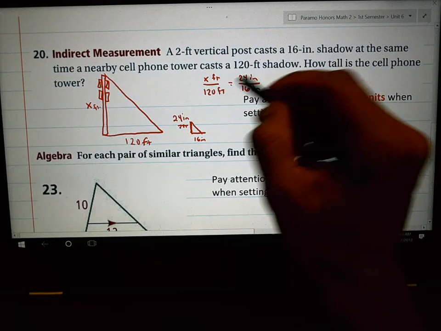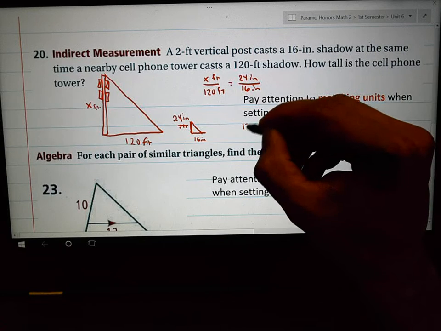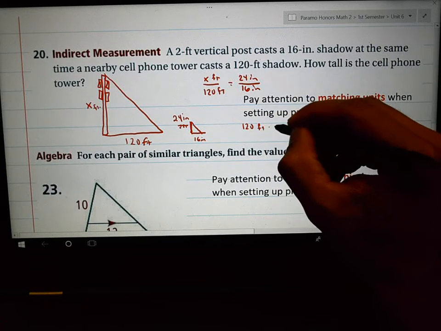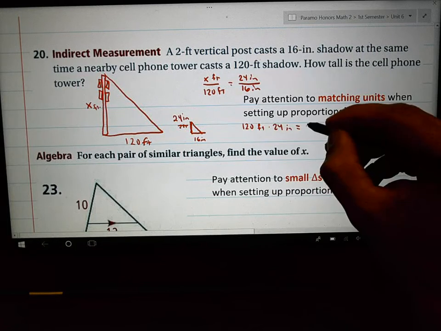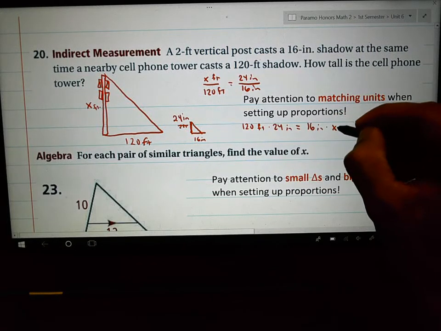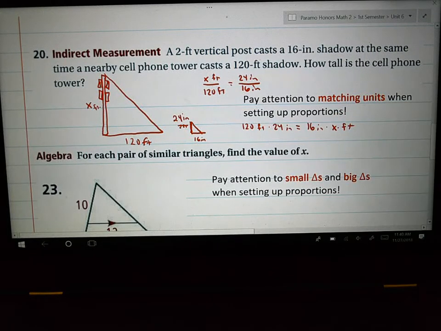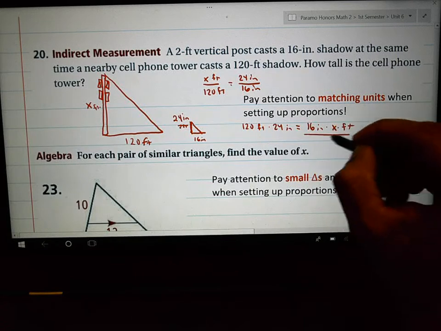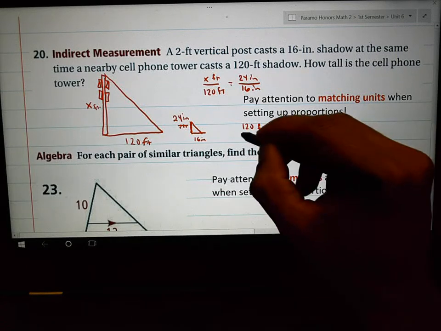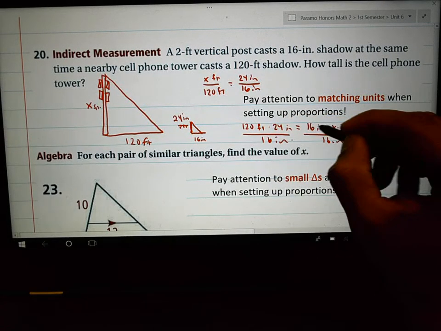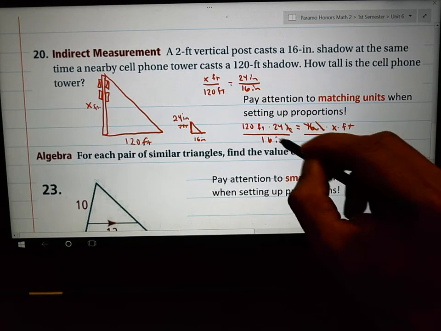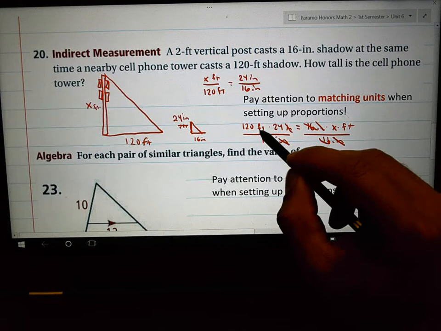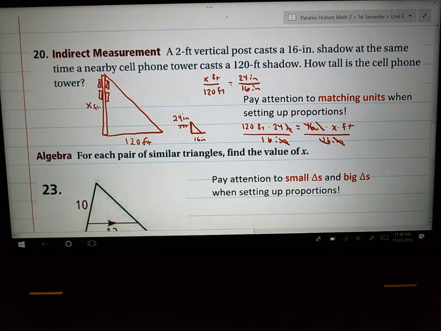If I cross multiply 120 feet times 24 inches, and I cross multiply and I get 16 inches times x feet, eventually you'll divide by 16 inches, and the inches and inches will just go away, and you'll be left with however many feet are on that side, which is kind of nice when you keep the units involved.